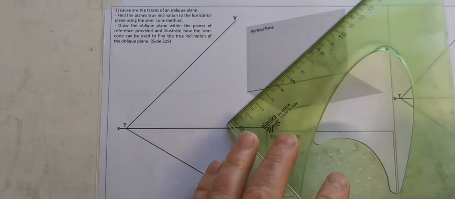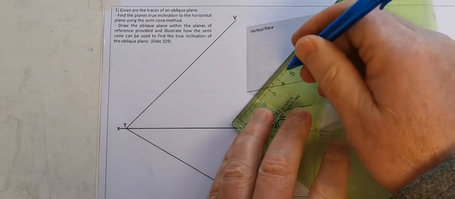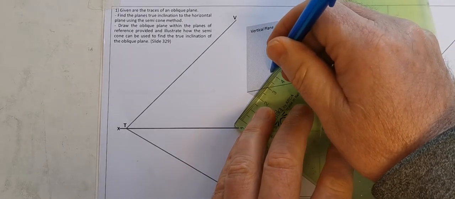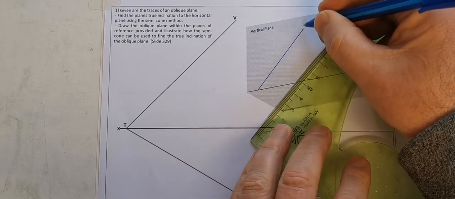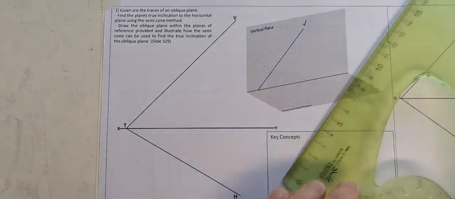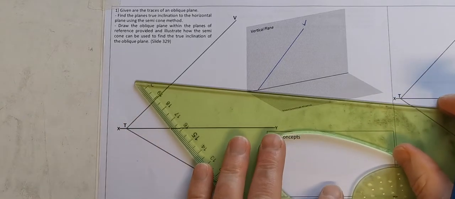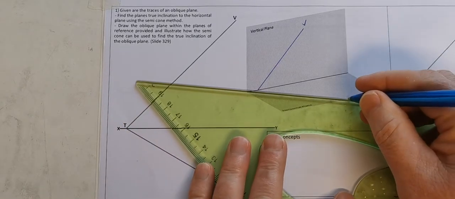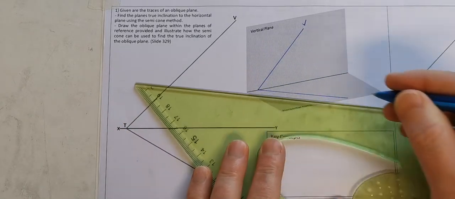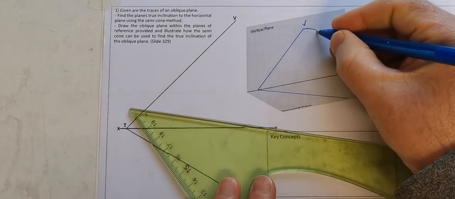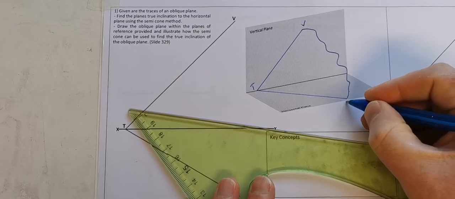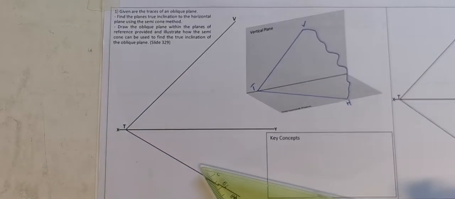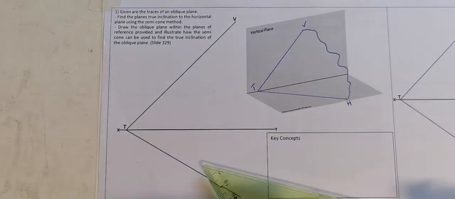So the 3D of that, the vertical trace is going like that. The horizontal trace is going like this. So that is our plane there in 3D.